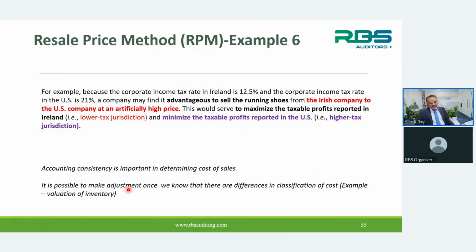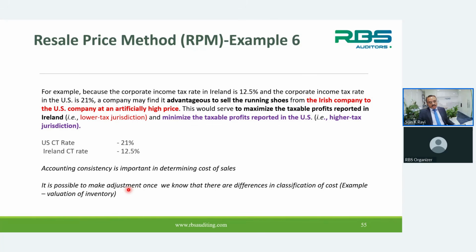So in that case, if you see the same example, corporate tax 12.5% in Ireland and 21% in the US, then the company can artificially shift the profit, shift the pricing based on that tax rate.